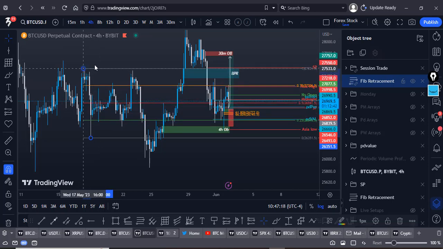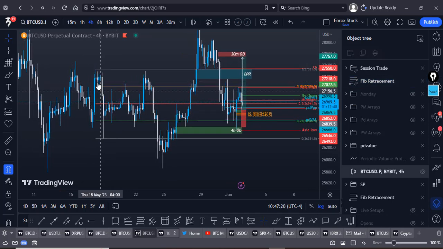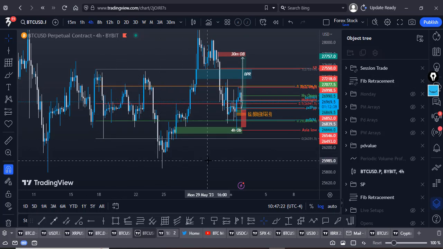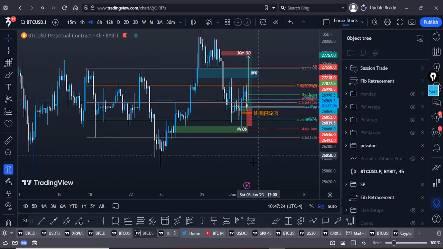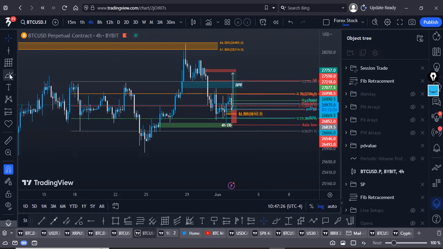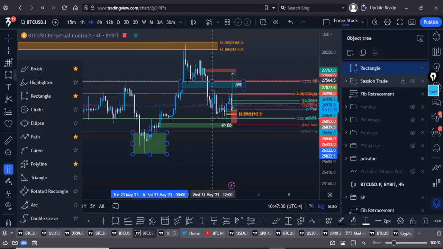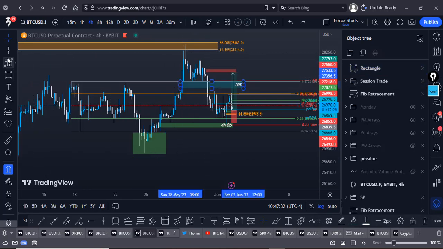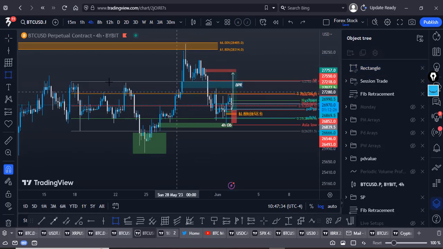As per the support and resistance between the Fibonacci levels, I think this one is more accurate because of the range bound scenario. We got a deviation both sides of this range, as you can see here as well.